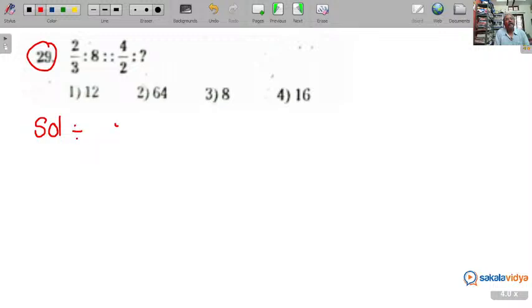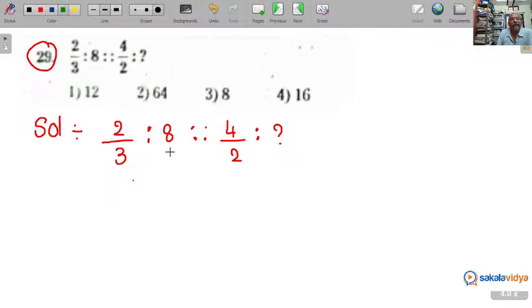2 upon 3 is related to the 8. In the same manner, how do you relate 4 upon 2 to the question mark? That relation has to be explored. See, 8 means nothing but 2 cube.